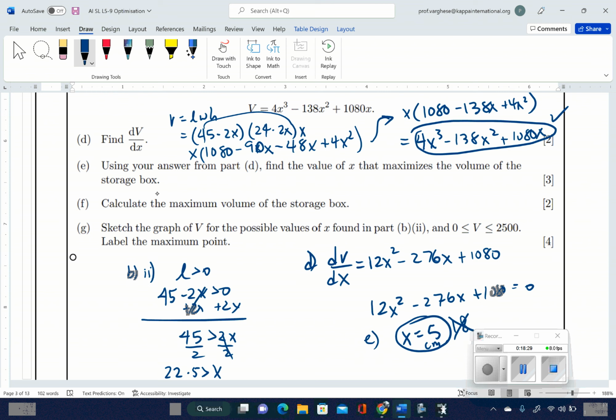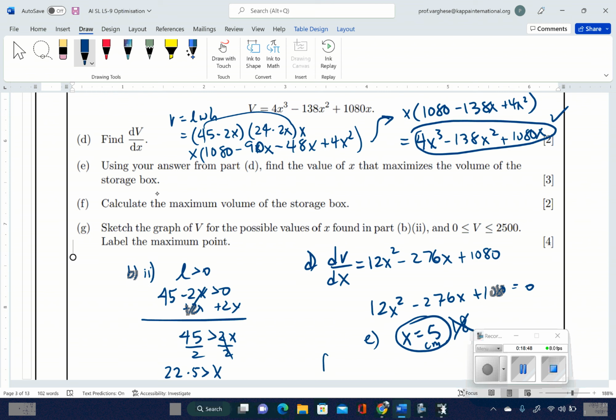For part F, the next thing is it says calculate the maximum volume of the storage box. So if x equals 5, what is going to be our actual volume? To do that, we're going to plug it back into our volume function, which is right here.